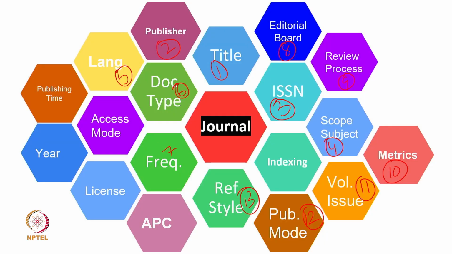Then the next attribute of a journal is APC. APC is article processing charges. It is a fee charged by the journal for publication. Again, this also varies from journal to journal, in what amount of APC they charge for publishing an article in the journal.